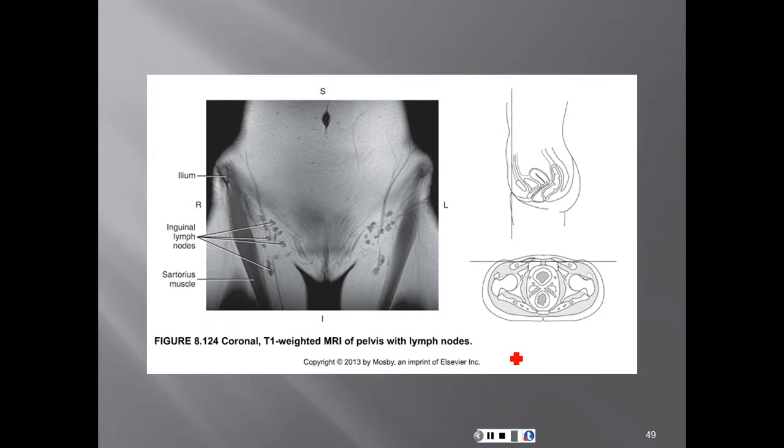The sartorius muscle, I believe, is the longest muscle. The psoas muscle is long, reaching from the lumbar spine and attaching into the femur, but the sartorius muscle is long also, attaching to the top of the ilium and reaching down into the lower leg.